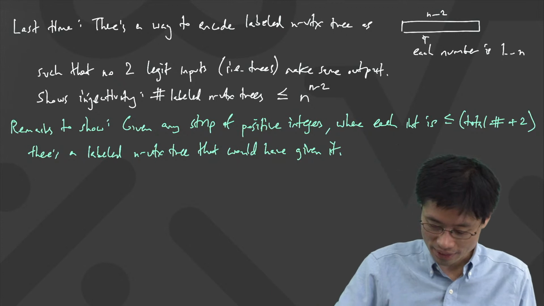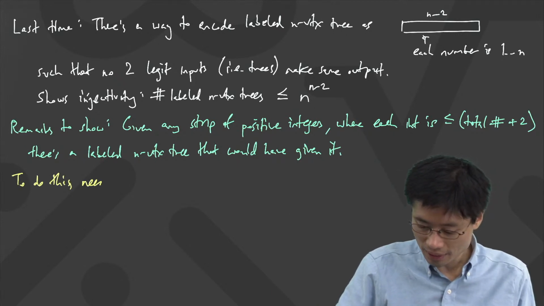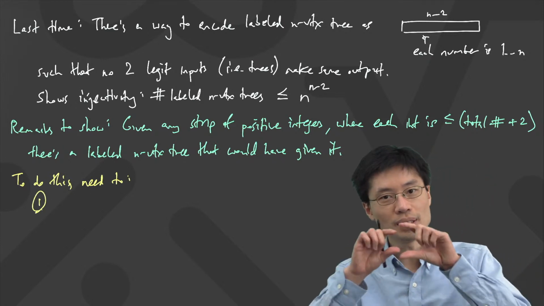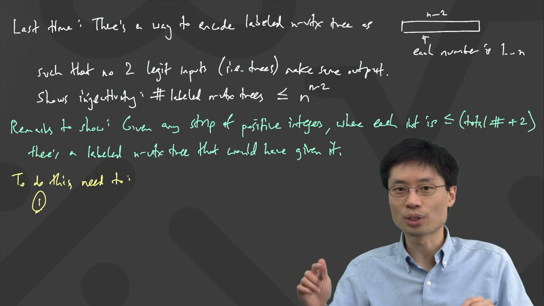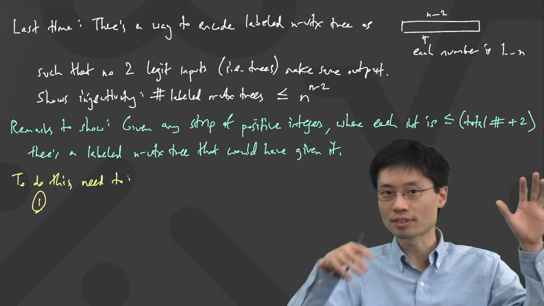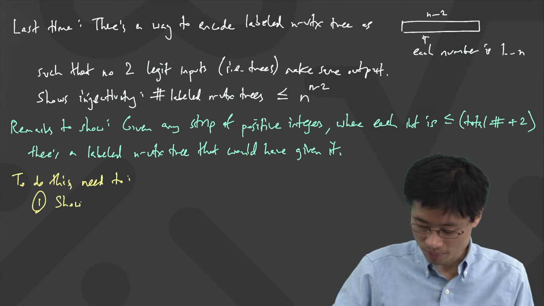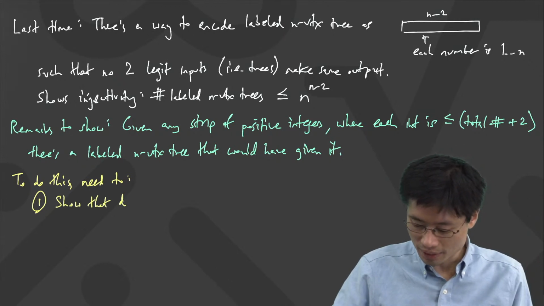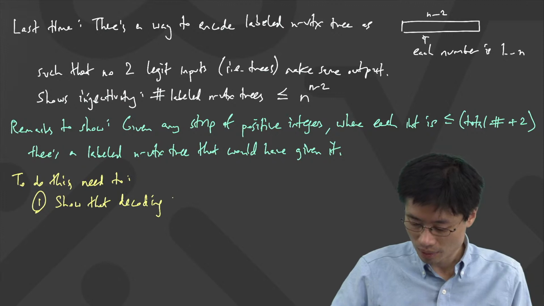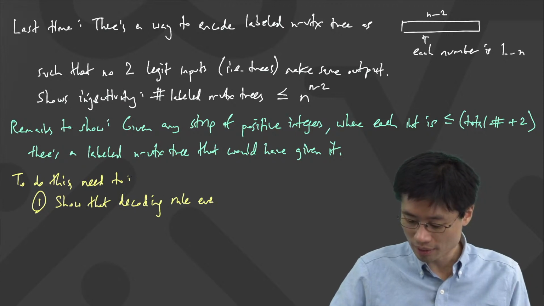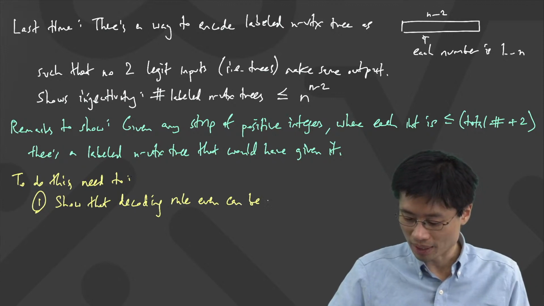So to do this, we need to do 2 things. The first is you need to show that if somebody gave you this strip and followed the rule of avoiding the stuff to the left and avoiding the stuff below to the right, then the decoding rule even can be done.